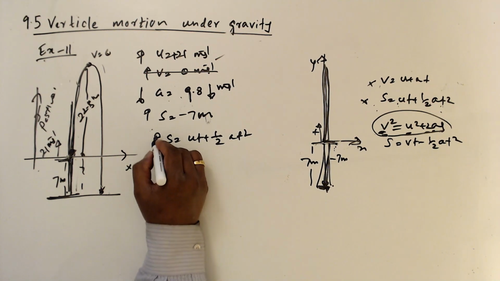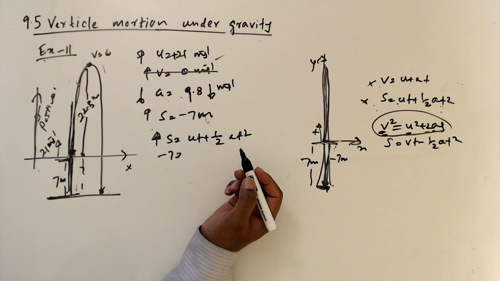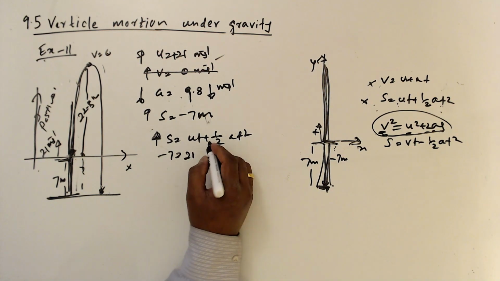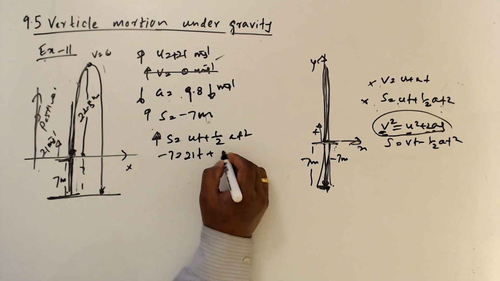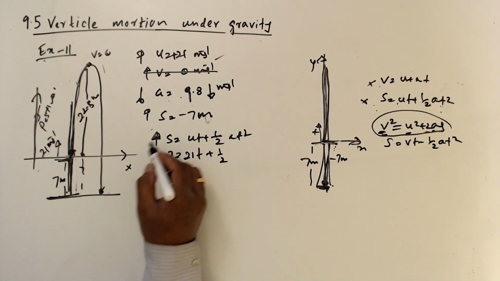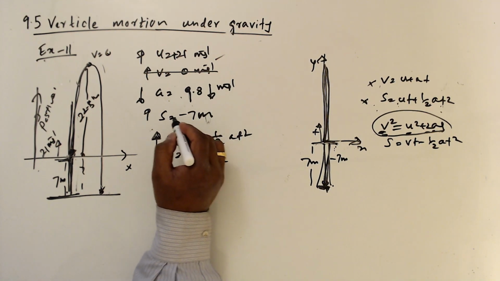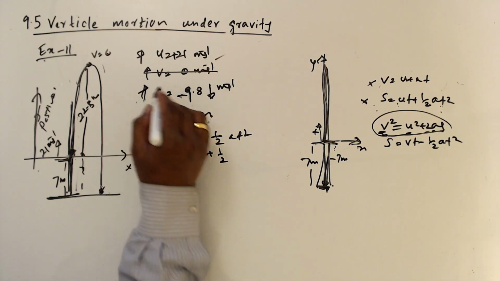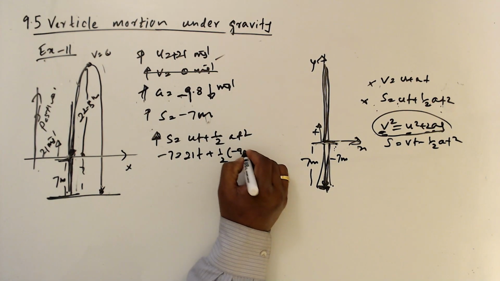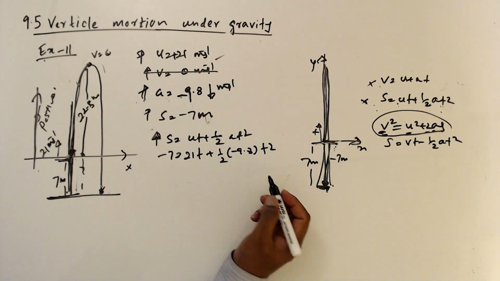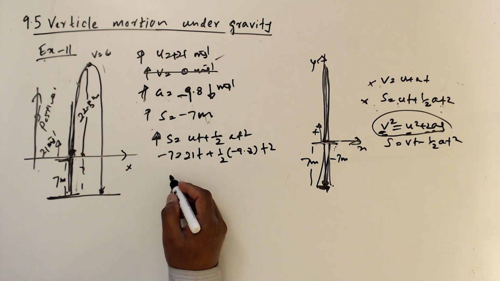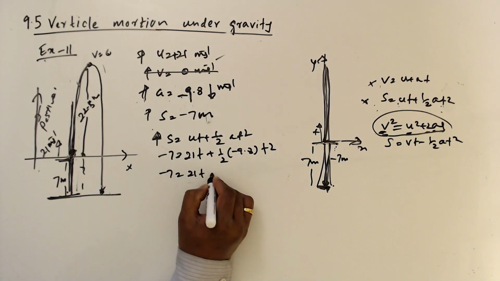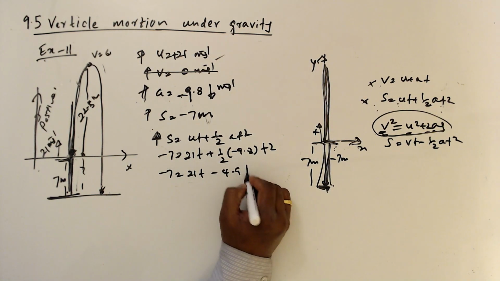So we are putting the equation upwards, and u is 21 times t plus half. Now the gravitational force is downward, so if you want to make it upward, then the answer is minus 9.8 t square. Then multiply by 2, so minus 7 equals 21t minus 4.9 t square.